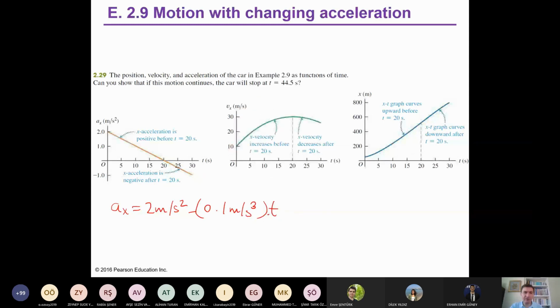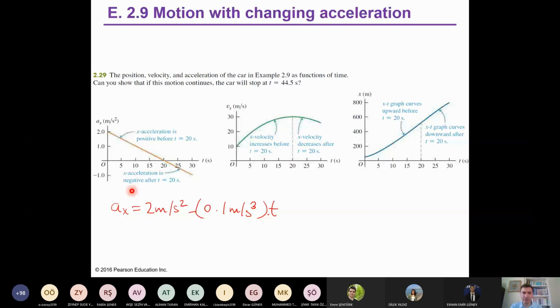Velocity increases along the positive x direction, 10 meters per second, 20 meters per second, 30 meters per second, but the increase in the velocity decreases, okay? And this is the highest velocity of the car, when the acceleration is 0.